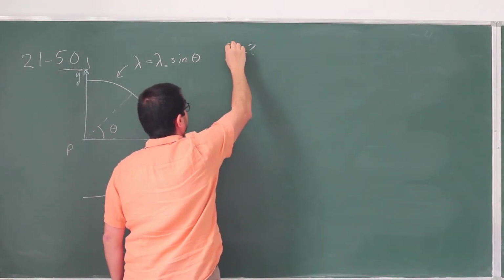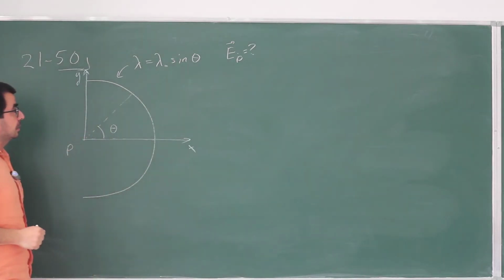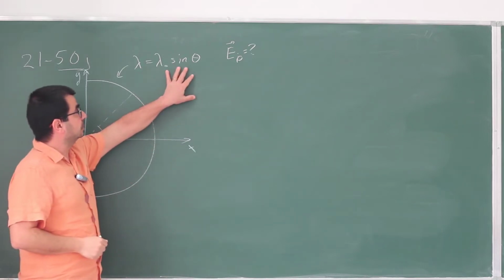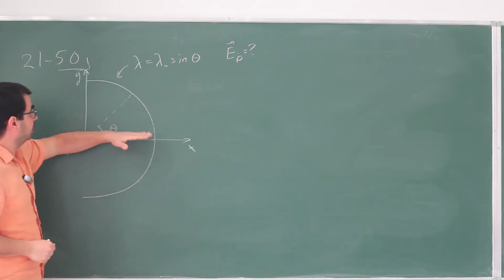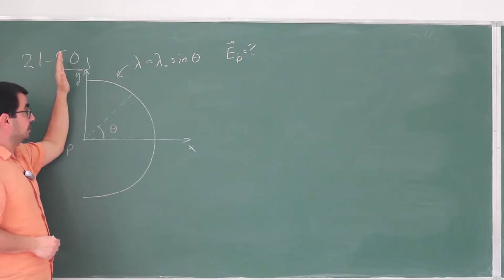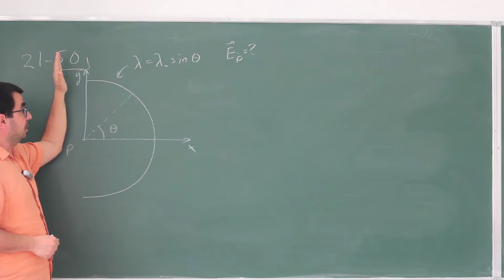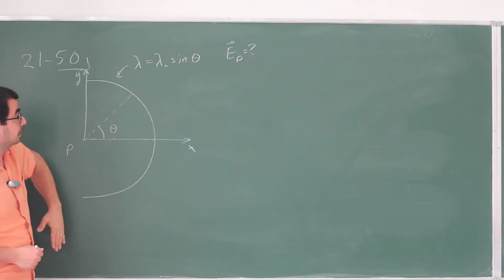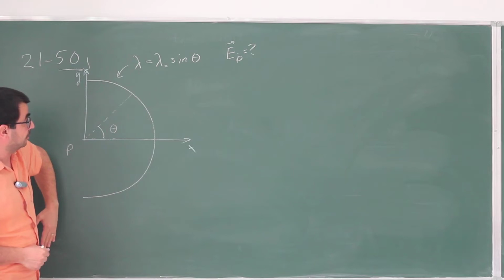They're asking for both the direction and the magnitude, so they're asking for this as a vector. So what does this look like? Over here, theta is going to be 90 degrees, so sine theta is going to be 1. And over here, theta is going to be minus 90 degrees, so sine theta is going to be minus 1.